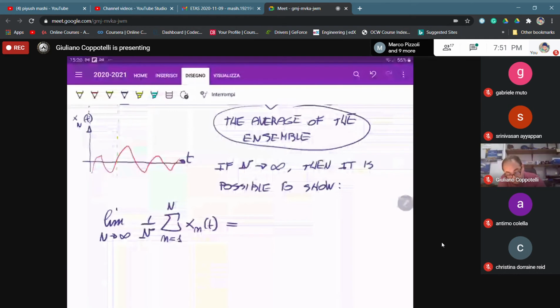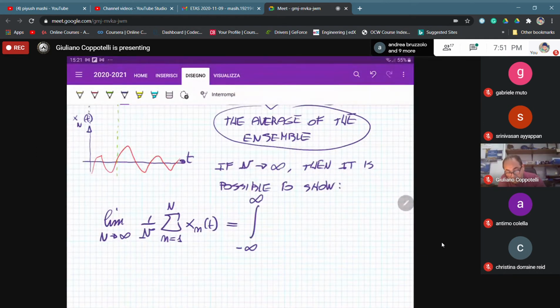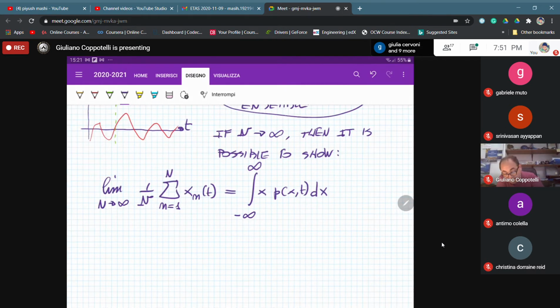is equal to the integral over all the domain of your x times the probability density function evaluated at the time t in x. And this is the definition of the expected value operator.